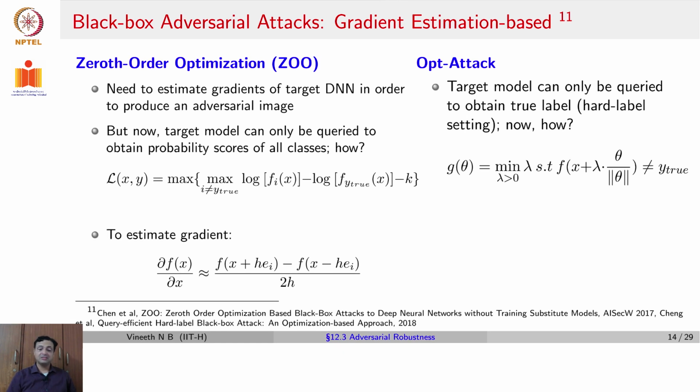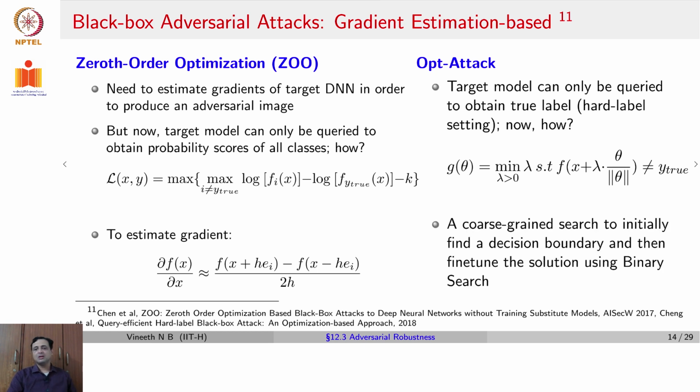So the perturbation that we need here, g of theta, is the minimum lambda such that f of x plus lambda times theta by norm theta is not the true label. But how do we do this when we don't have access to the gradients and we only have access to the final prediction of the model?